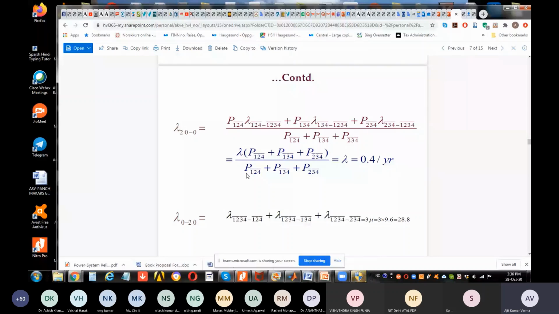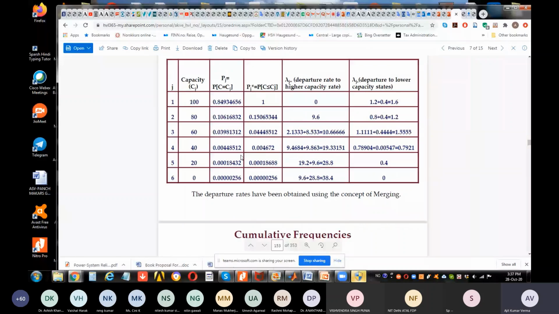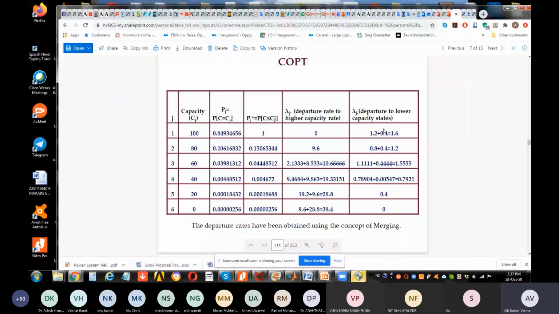Now we are in a position to develop this capacity outage probability table. Okay, so here, because you know all the departure rates, you now have the various states: 0, 20, 40, 60, 80. These are the states of the system.